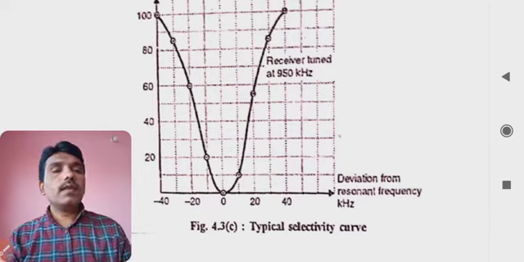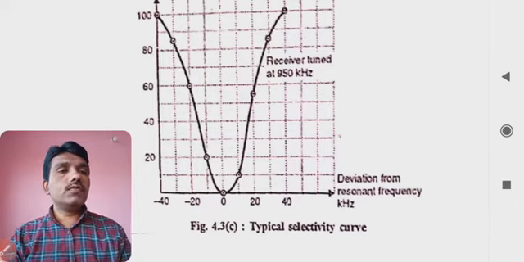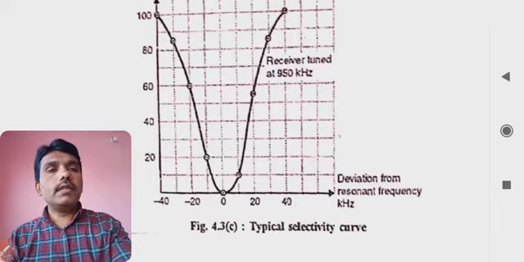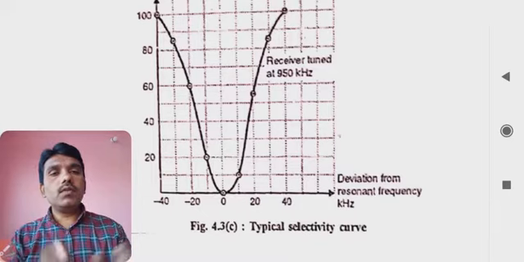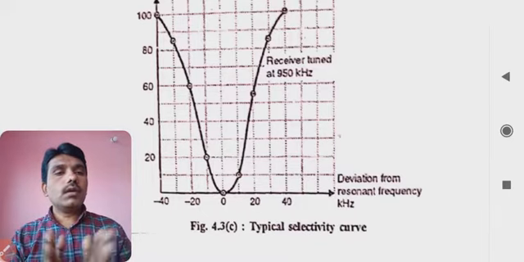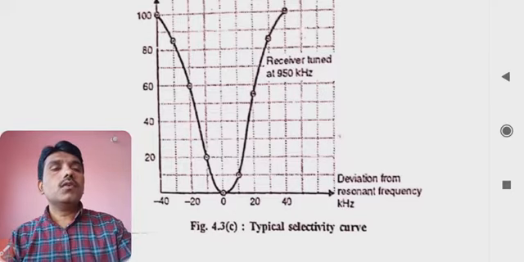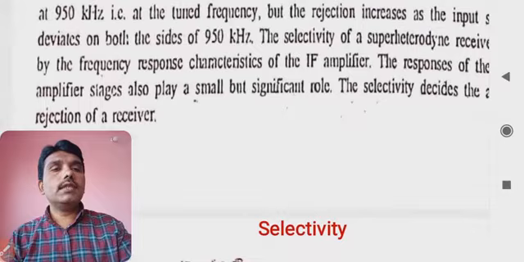Look at the deviation from the resonant frequency in kilohertz, with the receiver tuned at 950 kilohertz. The narrower the curve, the higher the selectivity. That is fine selectivity. We will see it in detail.